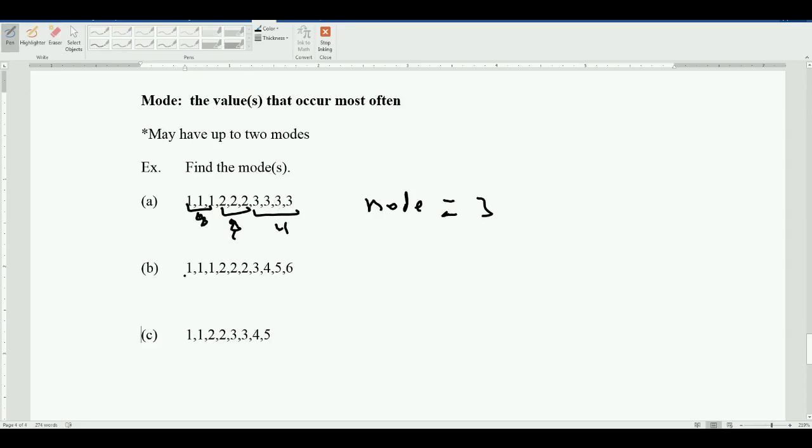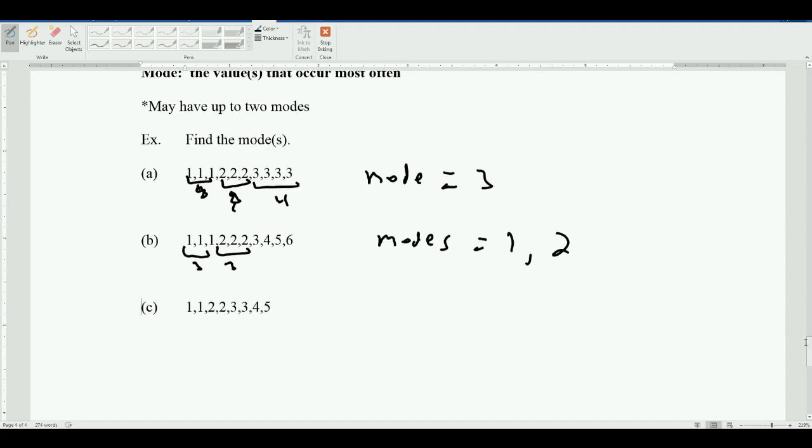Let's look at this one. We have 3 1s, 3 2s, and 1 each of the others. So that means our modes in this case are 1 and 2. Those data values occur 3 times each. Now this one we have 2 1s, 2 2s, 2 3s.